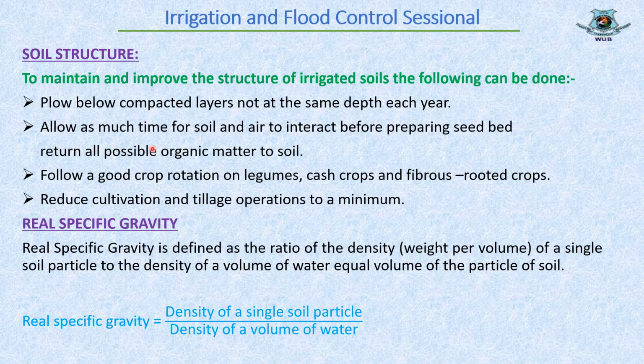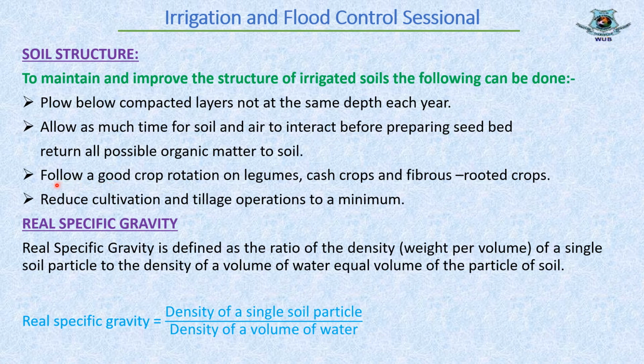Then, allow as much time as possible for soil and air to interact before preparing the seedbed, which will return all possible organic matter to the soil. If we can do this, the soil can absorb oxygen and will try to regain its original state.